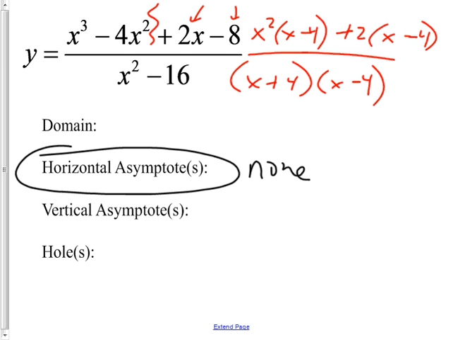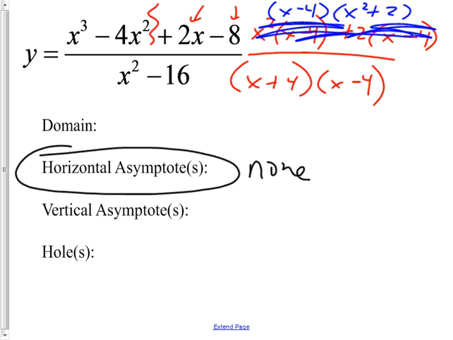And now, see if you can hang with this. You can cancel one here and here and here. Why? Because on the top there's 1 in each of them. Another way to say that is, I could just take the top and factor it like this. Put the x minus 4 in front, and then put the x squared plus 2 last, and then don't even need this anymore. And now can you see that the x minus 4s will cancel?